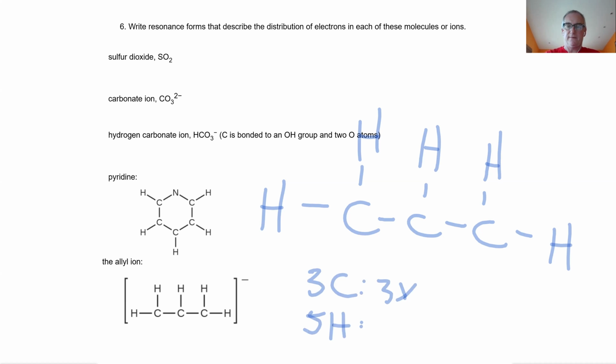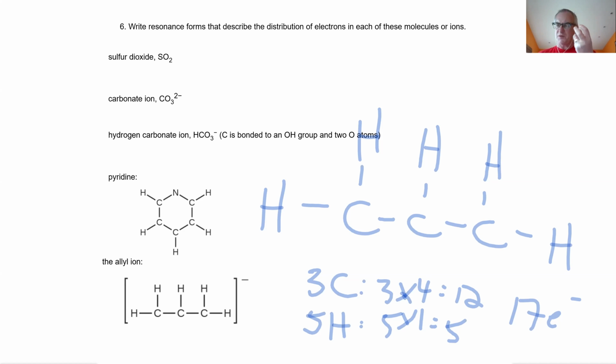So how many valence electrons for carbon? Four. 3 times 4, 12. Right. You jumped ahead. You're much more clever than I. And 5 hydrogens. Hydrogen is just 1. So 5 times 1 is 5. That's 17 electrons. And then we have that extra negative charge. Plus 1.